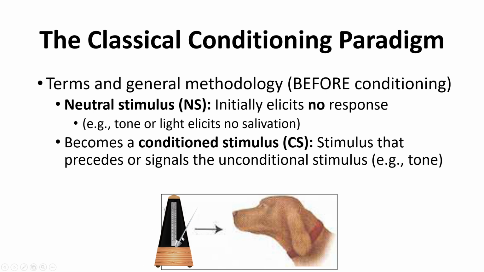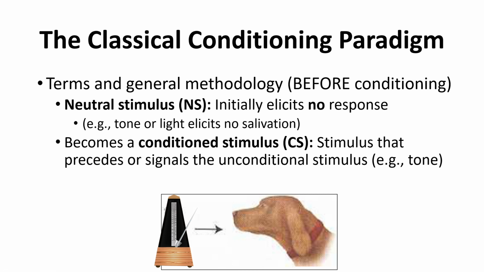So here they have a metronome, you could use a tuning fork, you can use a visual cue, whatever it is, it can be a neutral stimulus. This neutral stimulus will become our conditioned stimulus, the CS, which is a stimulus that's then going to precede or signal an upcoming unconditioned stimulus.